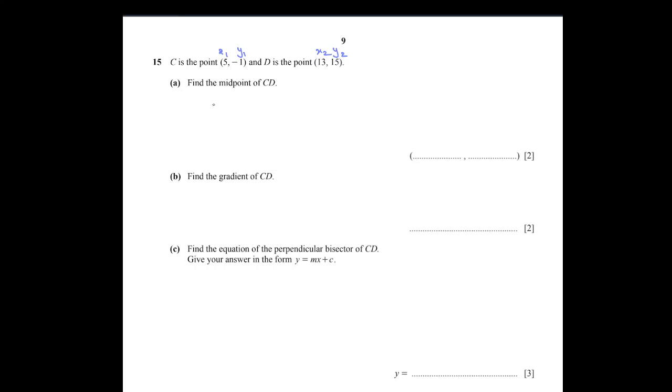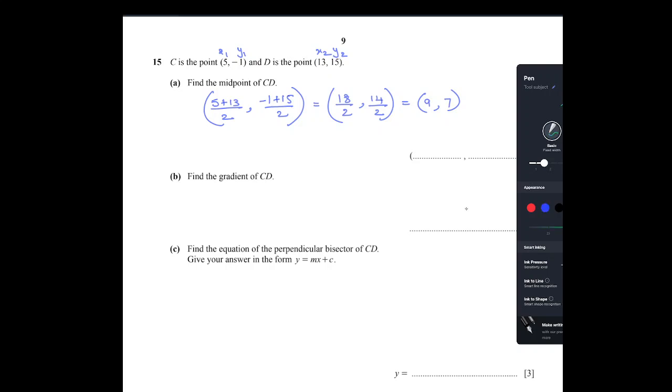So (5 plus 13) by 2 will be the x coordinate of the midpoint, and (y1 plus y2) by 2, (minus 1 plus 15) by 2, will be the y coordinate. 5 plus 13 is 18 by 2, minus 1 plus 15 is 14 by 2. 18 by 2 will be 9 and 14 by 2 will be 7. So the midpoint is (9, 7).